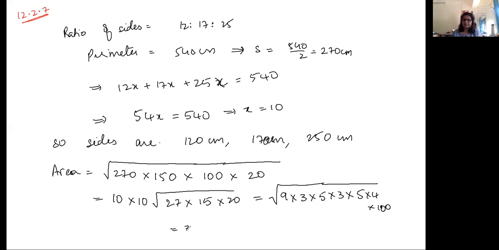Root 9 is 3, into 3, into 5, into 5, root 4 is 2, into 100, which is equal to 9,000. 9,000 centimeters square. Awesome. After Elena, Ritvik also has pinged. Good stuff.